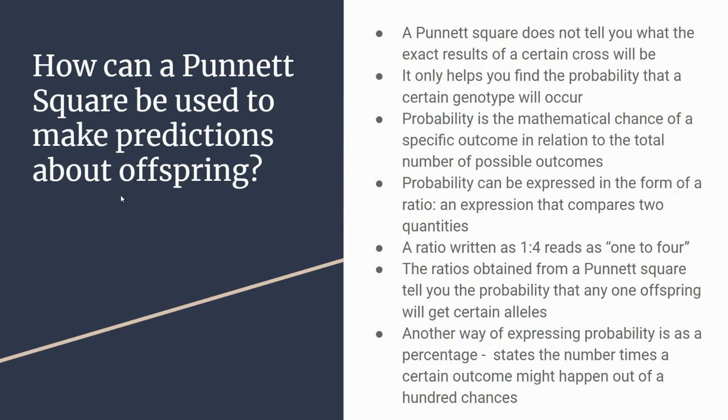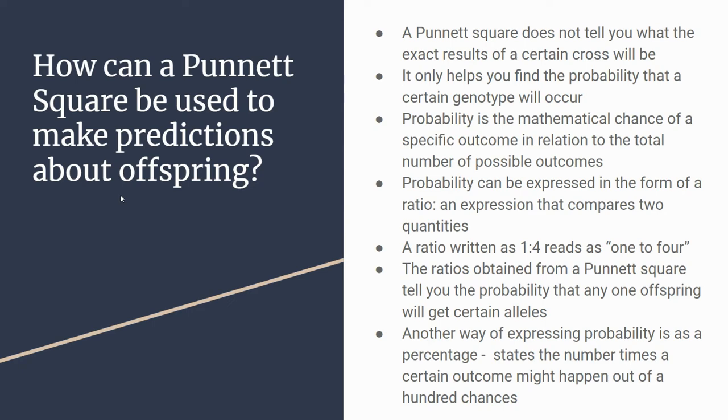Okay, turn the page. We're on 342. So, how can a Punnett square be used to make predictions about offspring? First of all, a Punnett square does not tell you what the exact results of a cross is going to be.